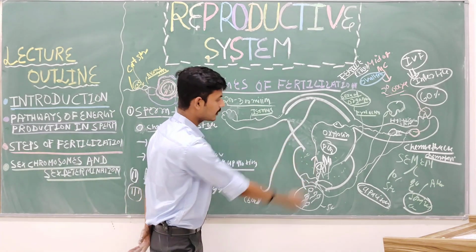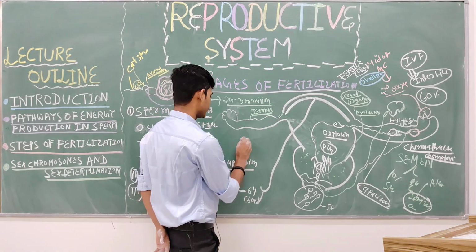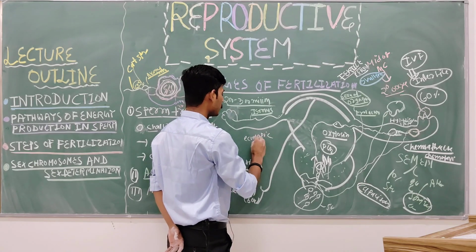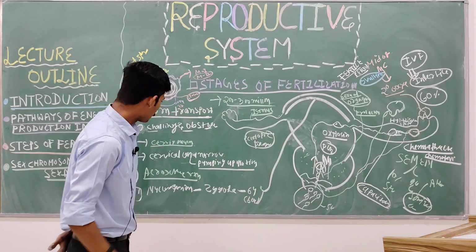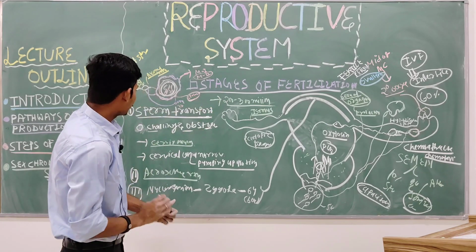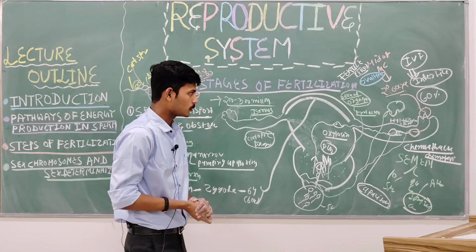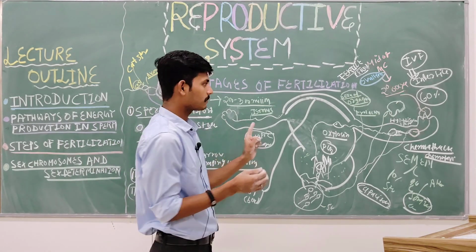If it attaches to another part, then that's called an ectopic pregnancy, which we will discuss later. So regarding the stages of fertilization, the thing we have to understand is that this fusion is not one person's choice.